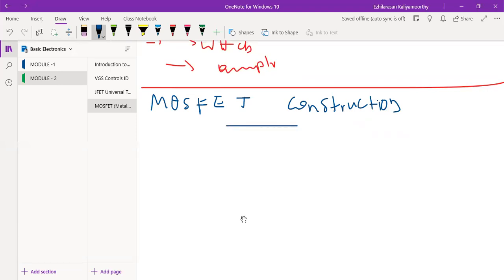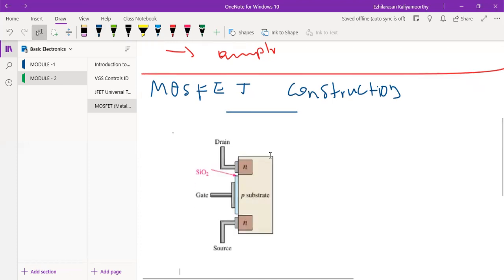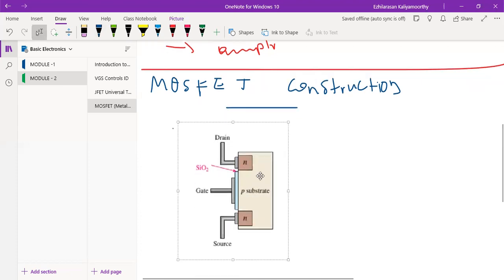So now let me draw the diagram of the construction.